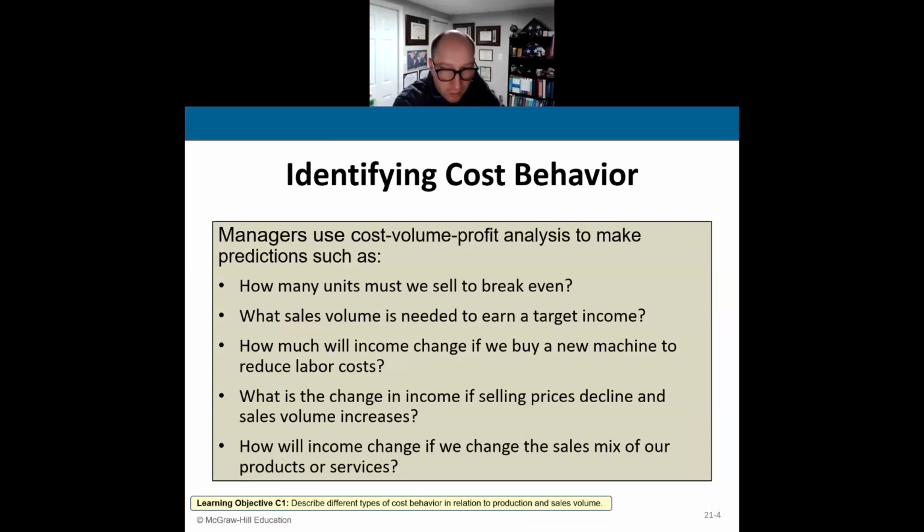What's the change in income if my sales price goes down and my volume increases? This is a fancy one, this question. This fourth question, real fancy. To put it in real simple terms, it means what happens if I put my product on sale?